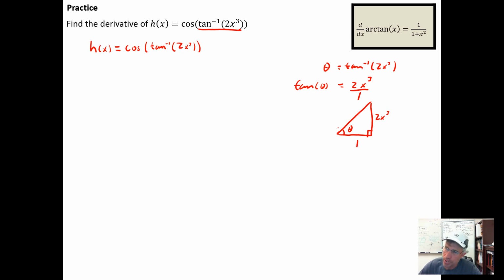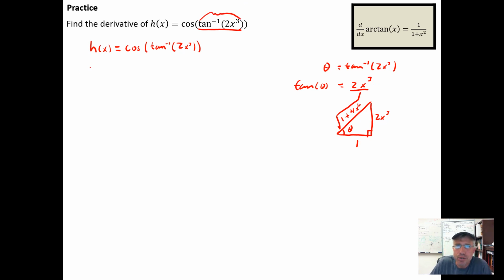And then I can use the Pythagorean theorem to get the length of the hypotenuse. So it's going to be the square root of 1 squared plus 2x cubed squared, which is 4x to the 6th. So that's from the Pythagorean theorem. So I've constructed the triangle that is represented by this angle right here.